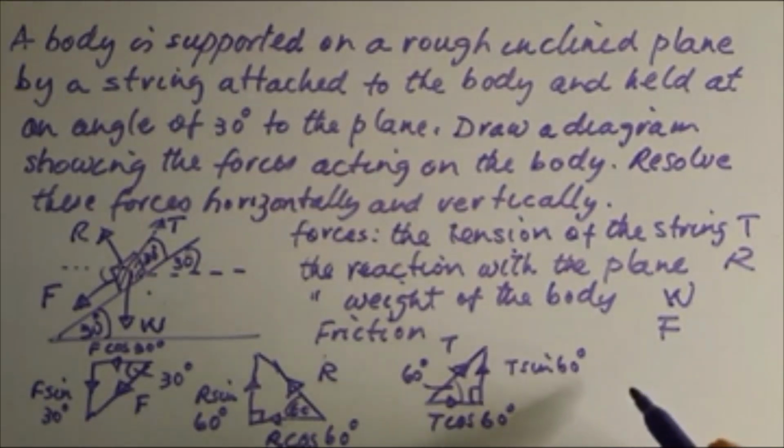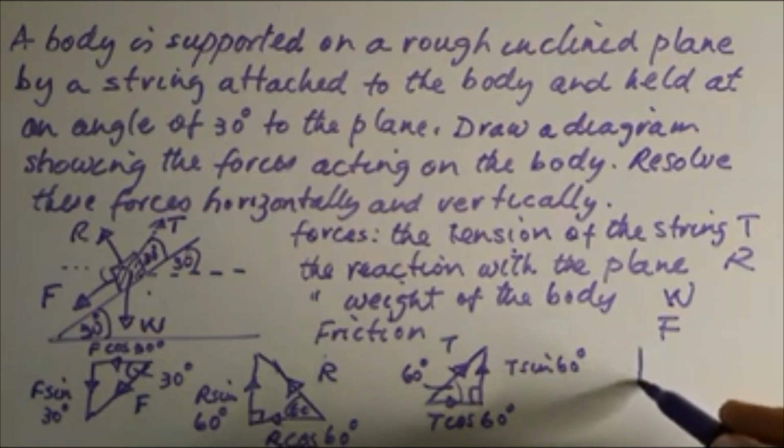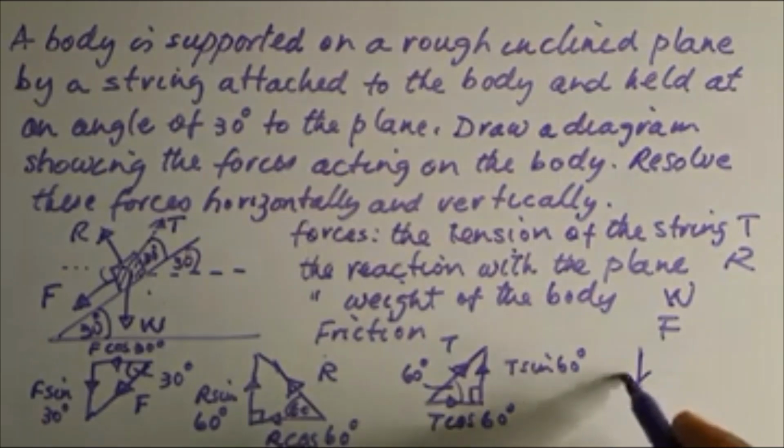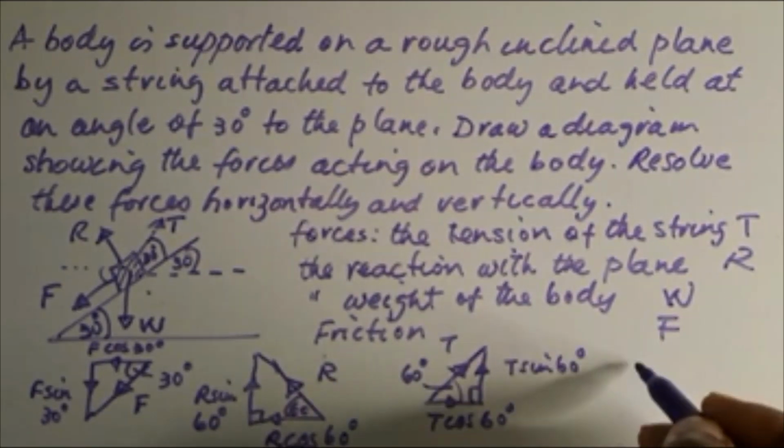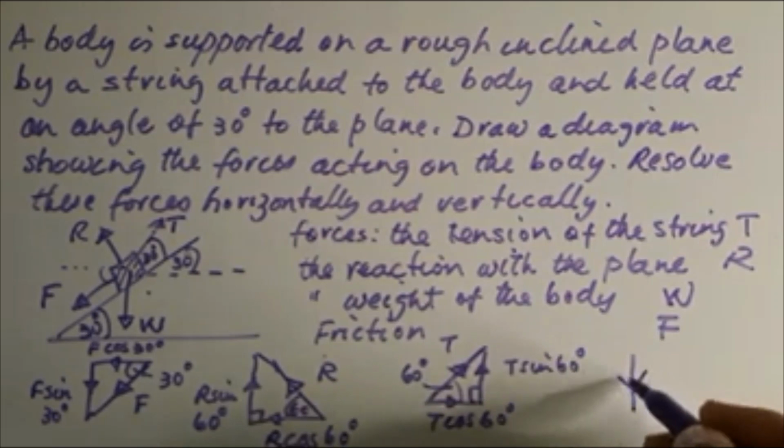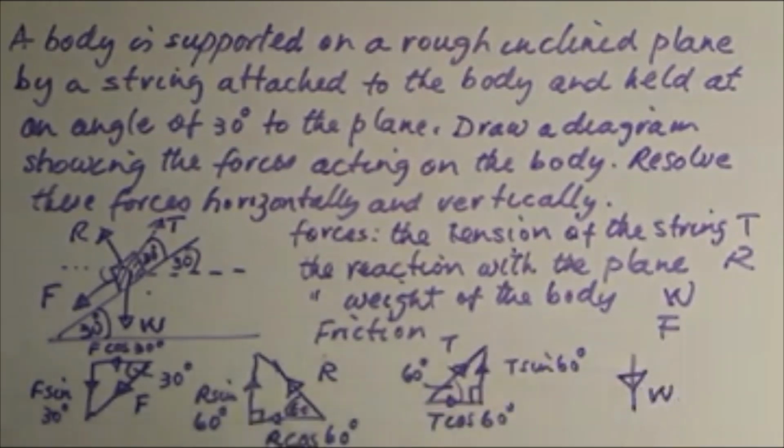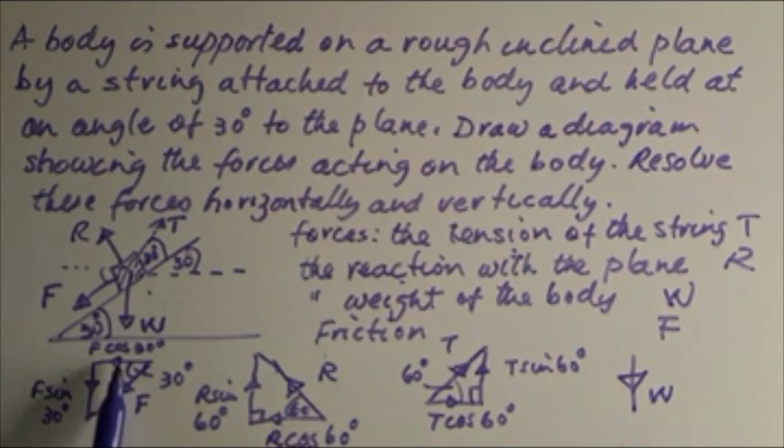And lastly, we have the weight. This only has one component, and it acts downwards. Let's draw that a little better. W acting downwards. So there we have it. We have our components. Make sure the arrows are correct. Remember, here the frictional force is a resultant of these two components.